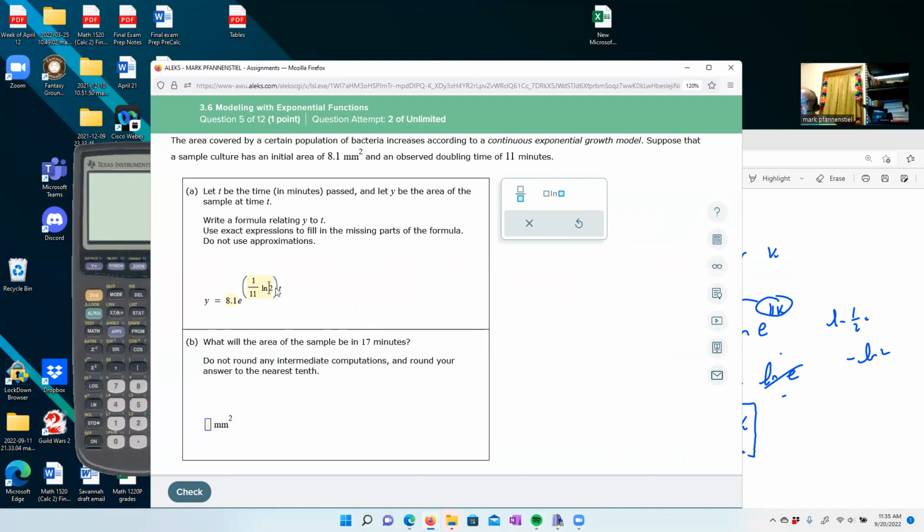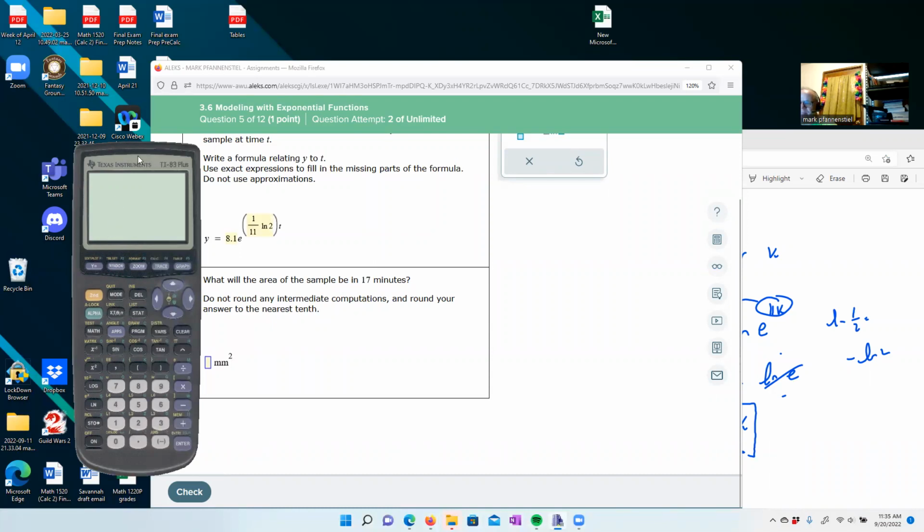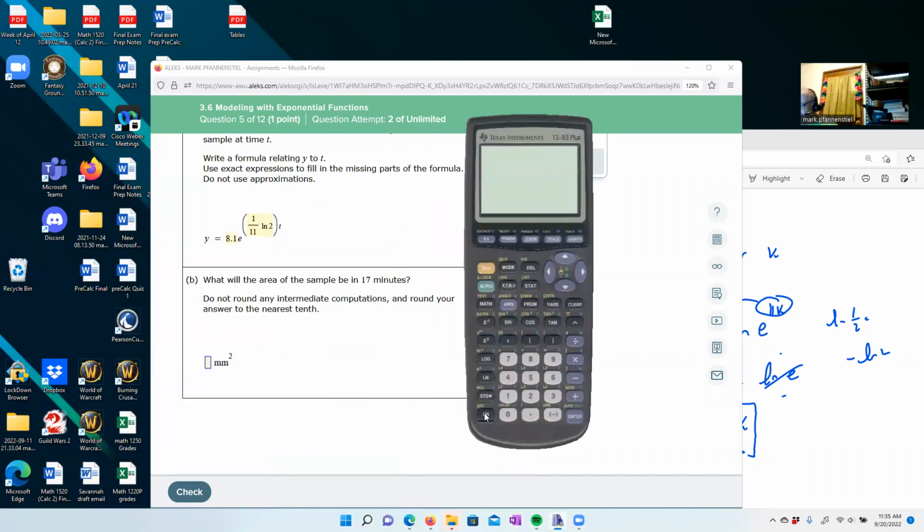Then all we're going to do is type in t equals 17 to get the rest of this and see if that works. Let me show you that. Clear. We have 8.1 times second function ln, which brings us e. Actually, since we know it's 17 minutes, we can say 17 over 11 here.